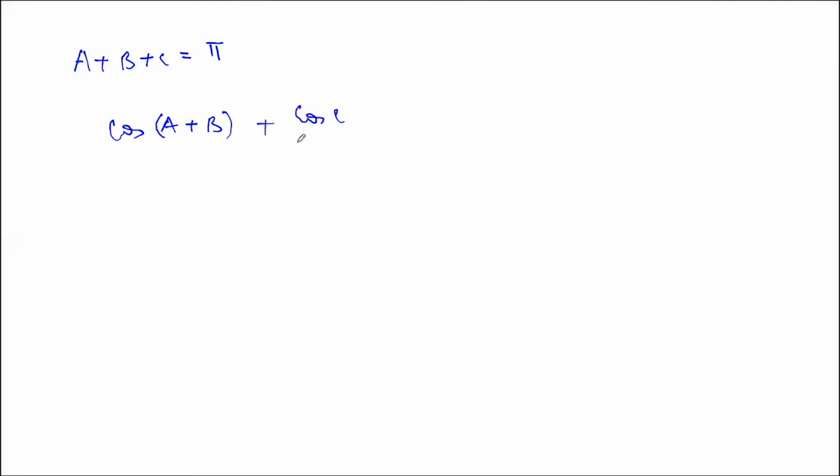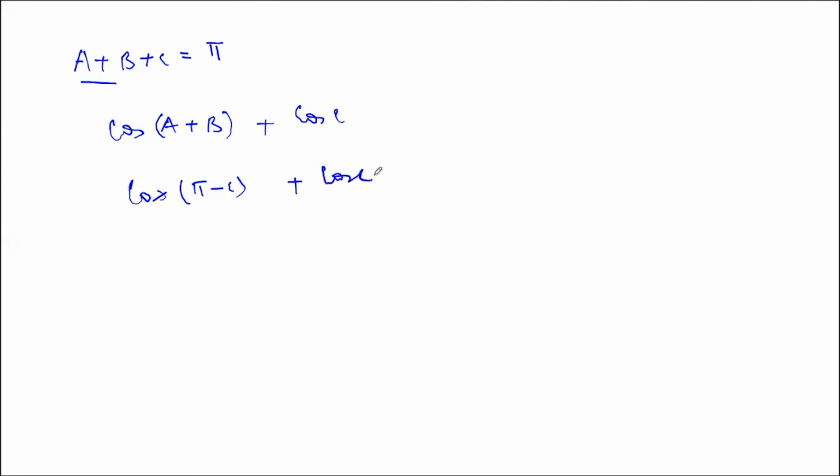What is the value of this? See, cos of a plus b, right? So a plus b plus c in a triangle is pi. So we can write a plus b is equal to pi minus c. So this will be cos of pi minus c plus cos of c.